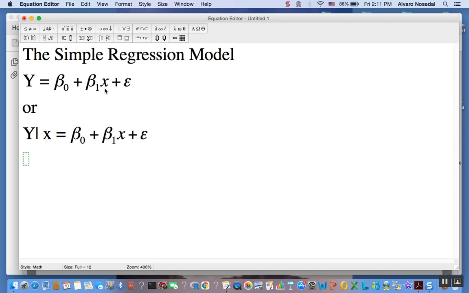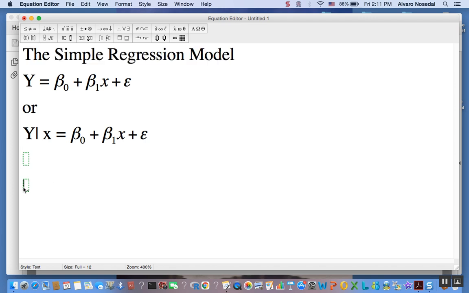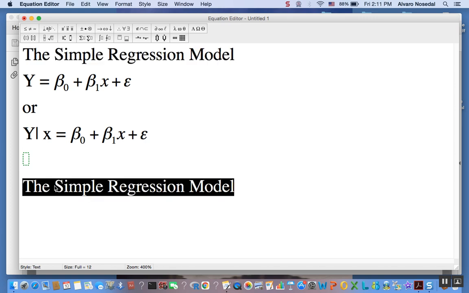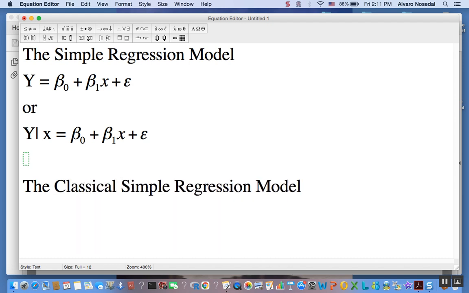Let's move on. Let's talk about the classical simple regression model. Let me copy and paste this. It's going to be faster. So what's special about the classical simple regression model?